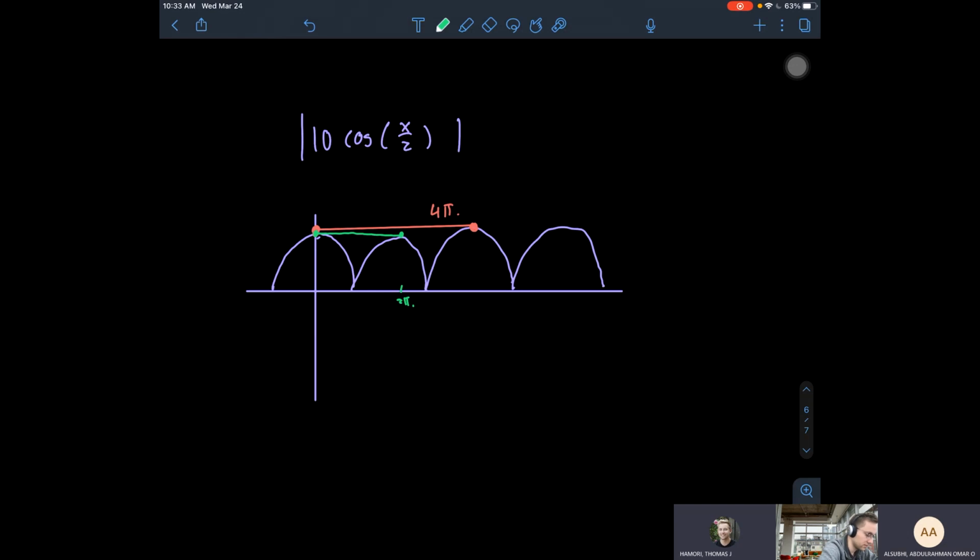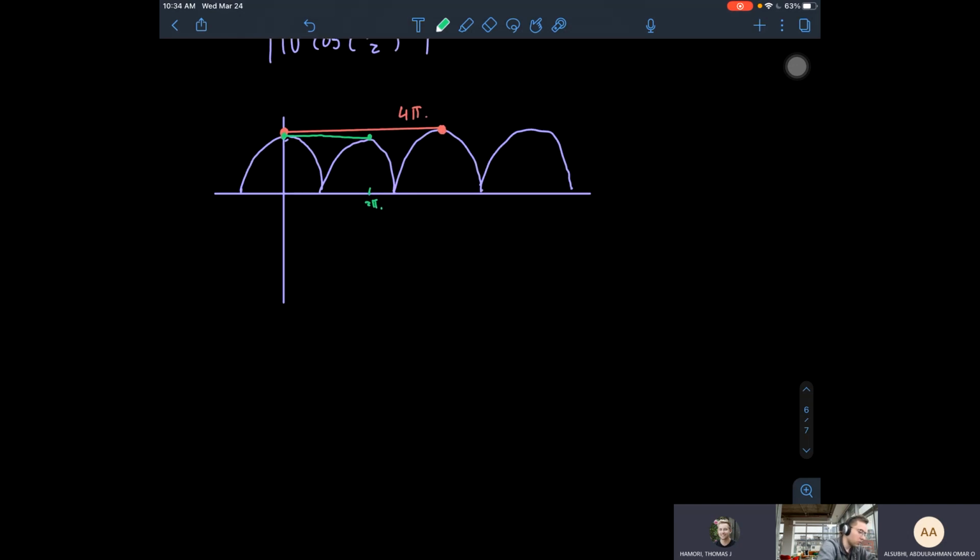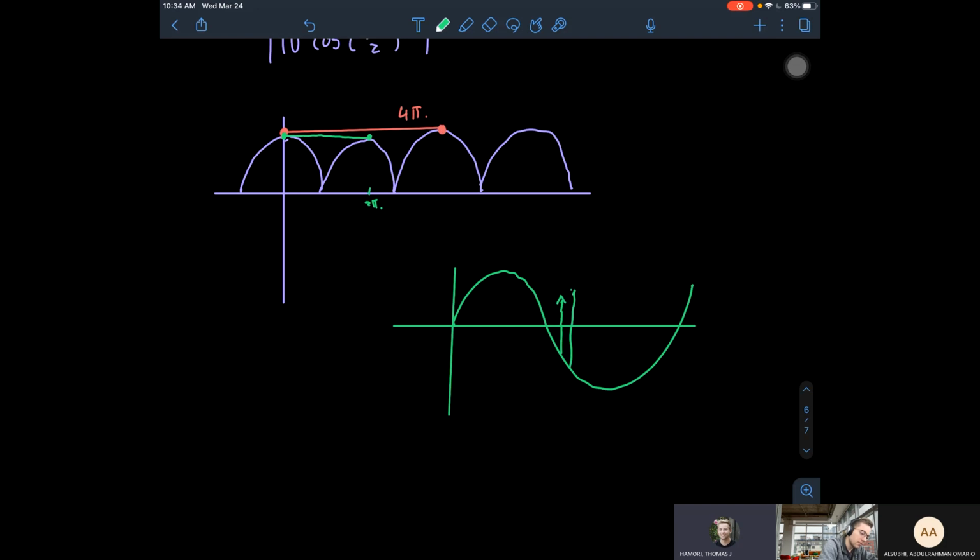It's like kind of pushing something up across the x-axis. It's like a reflection. Exactly. What we do is anything which is already above the x-axis just stays where it is, and everything which is beneath gets reflected up.